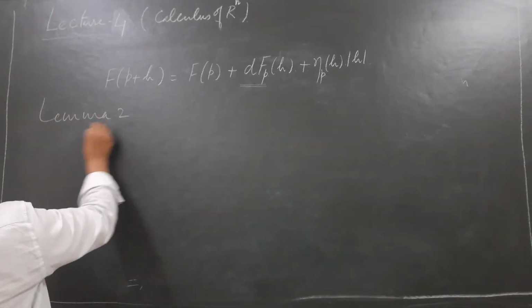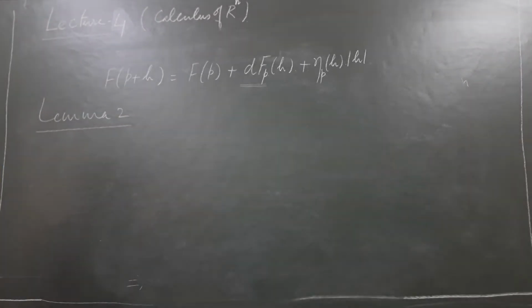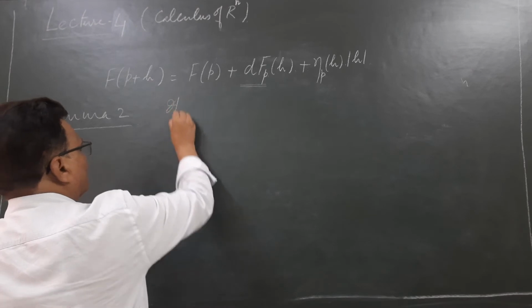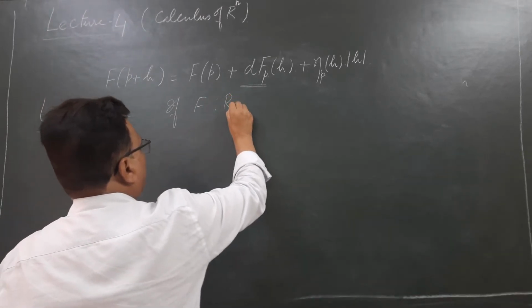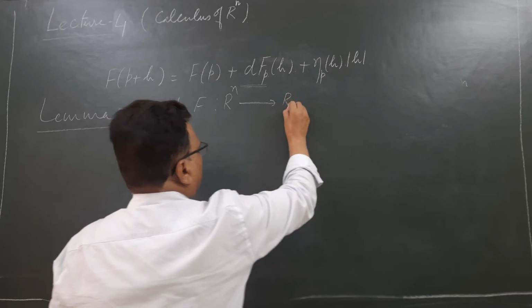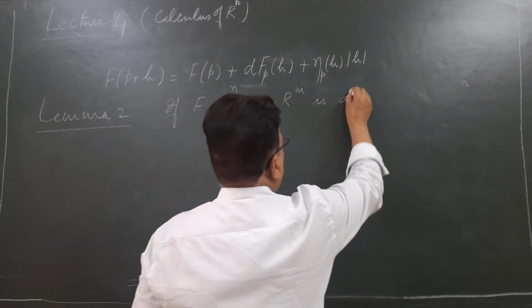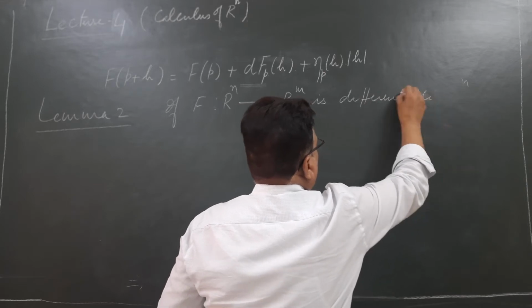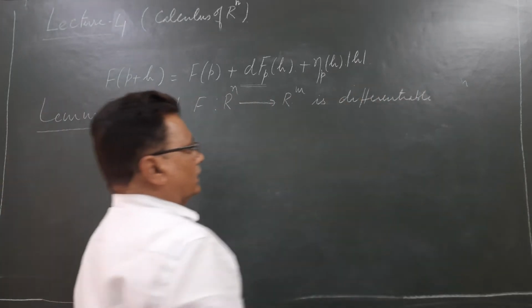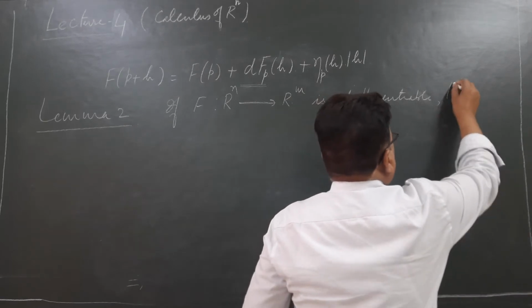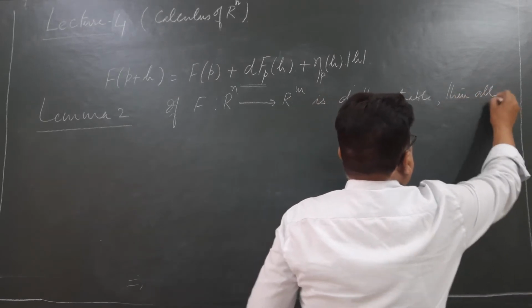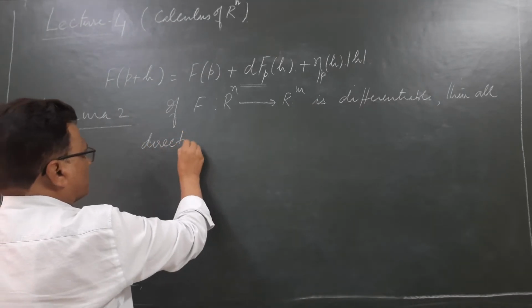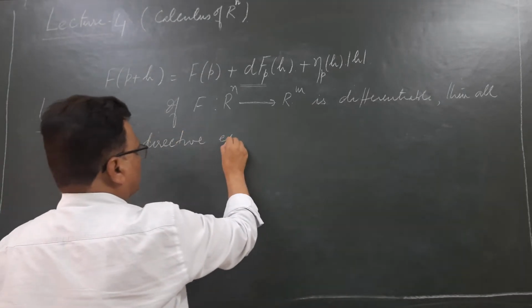This is lemma number 2. This says, if f from R^n to R^m is differentiable, then all directional derivatives exist.